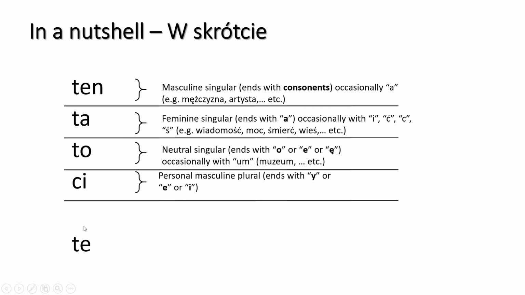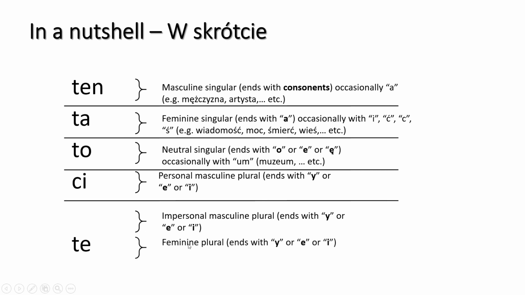Okay, so it's easier now if you think about it this way, but what I talked about before was a more in-depth explanation. So te goes for impersonal masculine plural that look like masculine plural, ends with e as well, same thing, but they're not treated as masculine anymore.